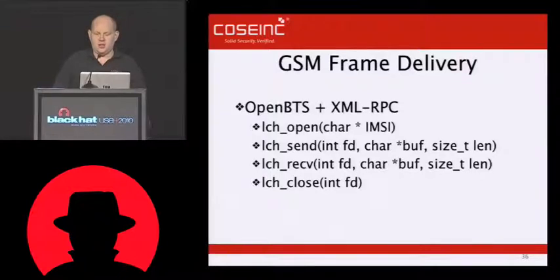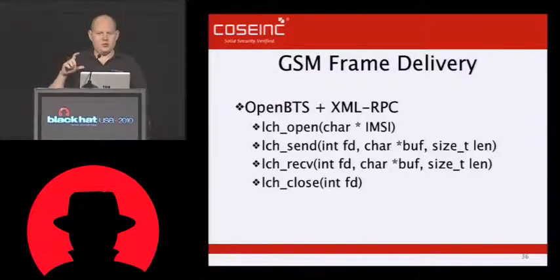We use the BugMine framework, which was developed by a friend of mine and coworker, Ben Nagy, and we use his case generation tools and his mutation tools to generate the GSM attacks that we then send over XML RPC, over OpenBTS, through the USRP to the phone, right? It's all done over Wi-Fi because I don't like wiring up my house. So it's fairly cool stuff. It's also very targeted because we use the IMSI to open a channel to a specific phone.